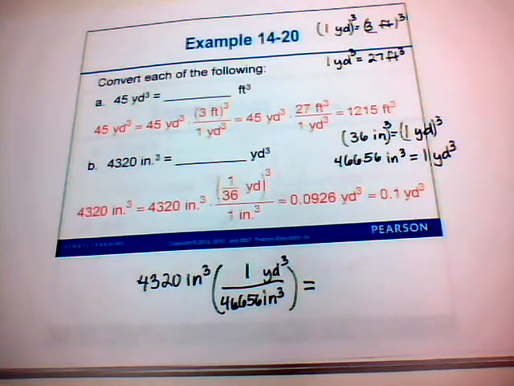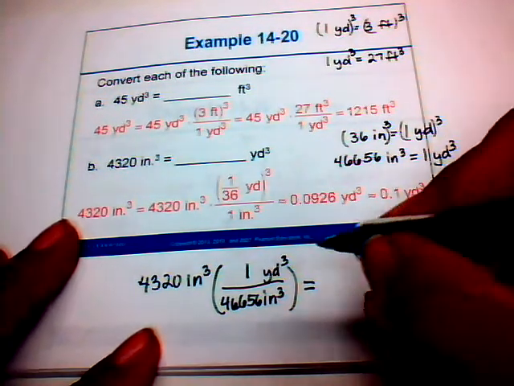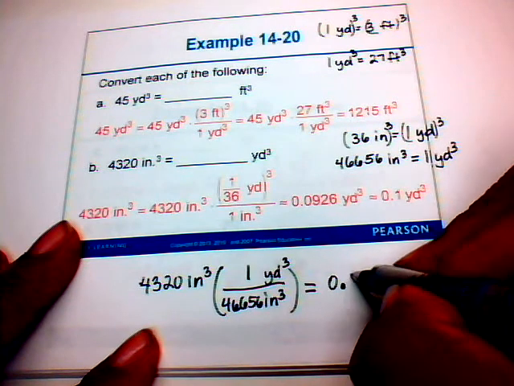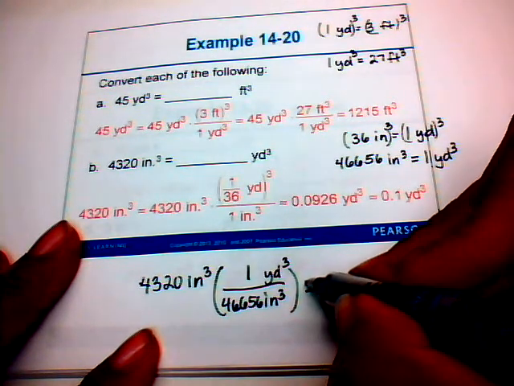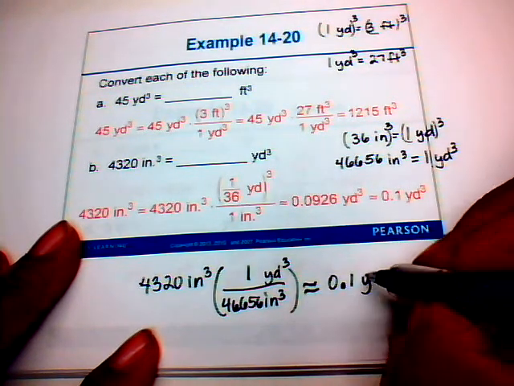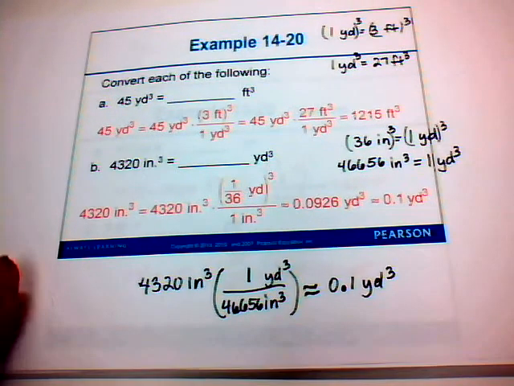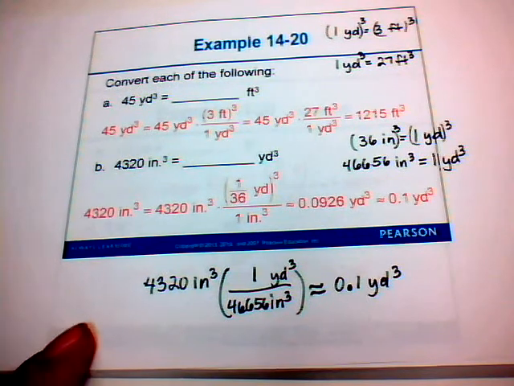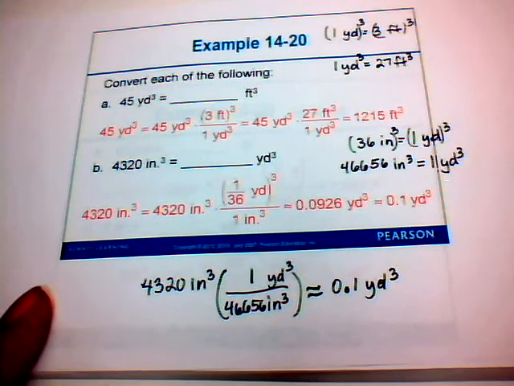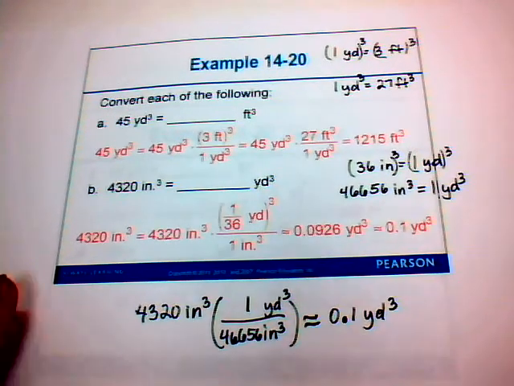Okay, so if you do 4,320 divided by 46,656, you're going to get approximately, and they rounded this off to the nearest tenth, approximately 1/10 of a cubic yard. Okay, so 4,320 cubic inches is approximately 1/10 of a cubic yard.